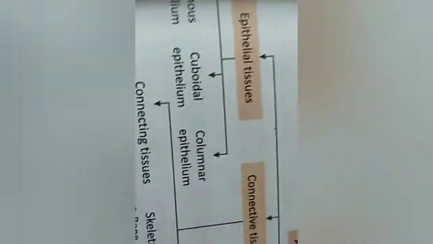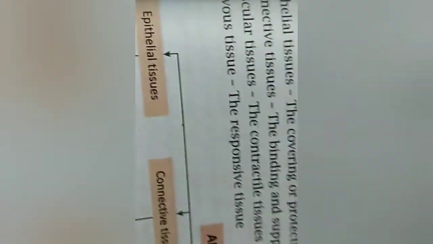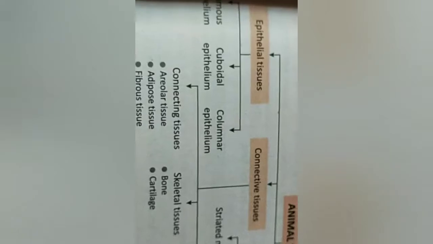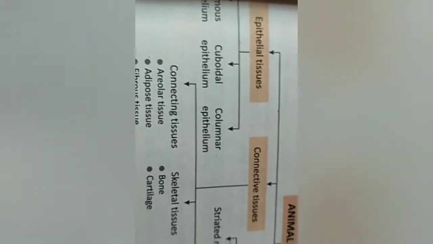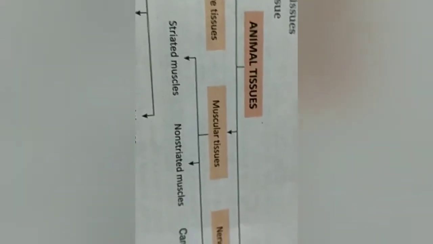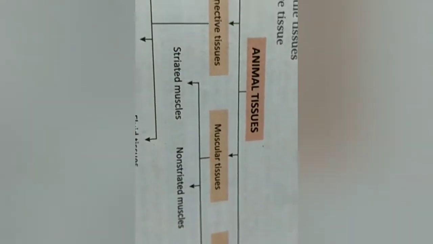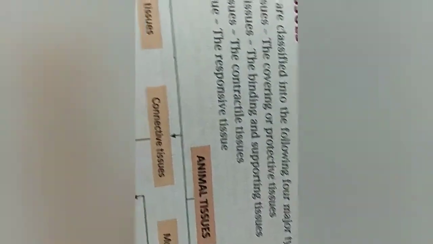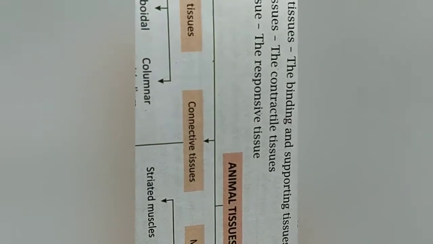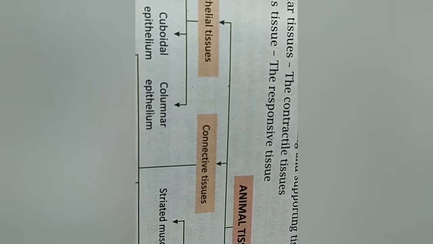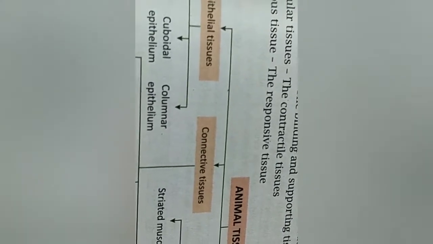Epithelial tissues are the covering or the protective tissues, and connective tissues are the binding or supporting tissues. Muscular tissues are the contractile tissues, and nervous tissues are the responsive tissues. So these are the 4 types of tissues. We'll see the nature and the structure of all these 4 types in our next video.